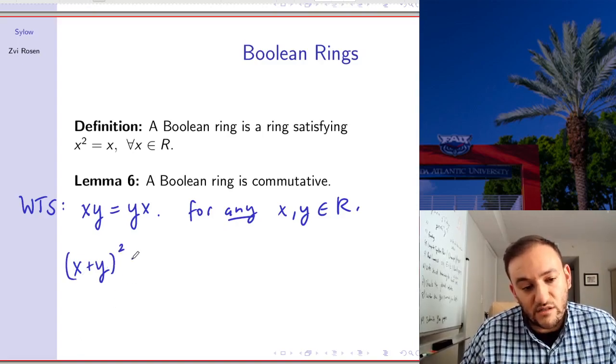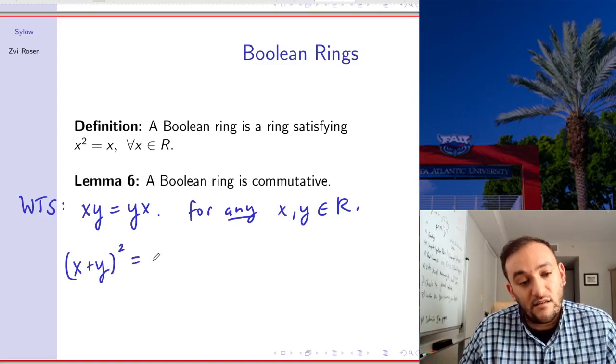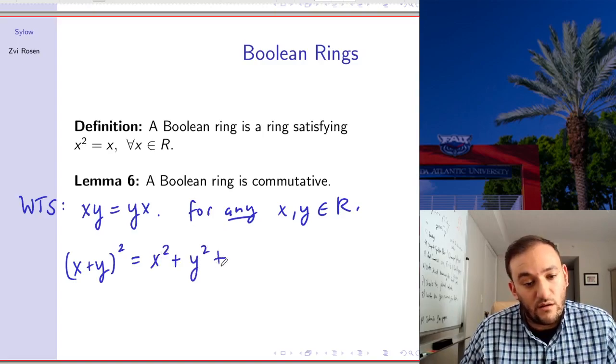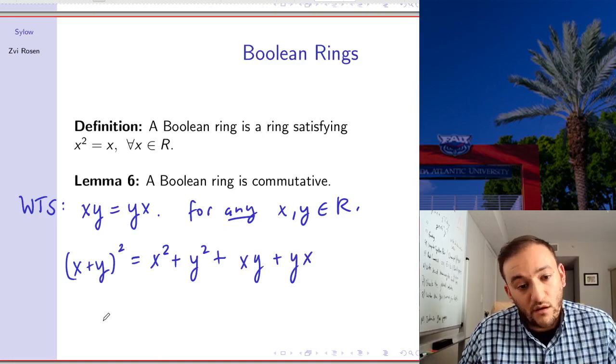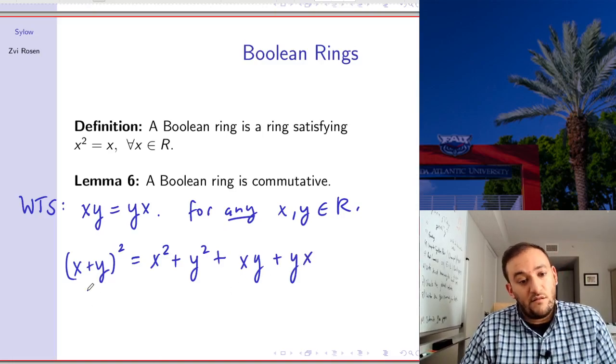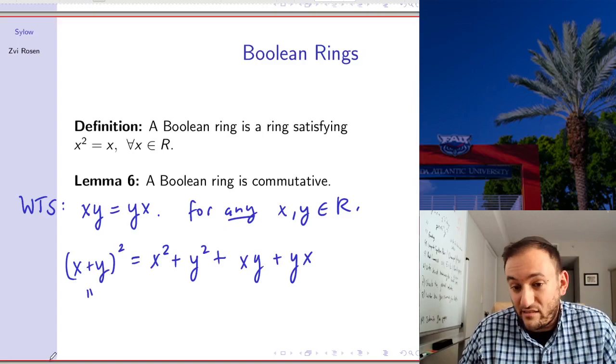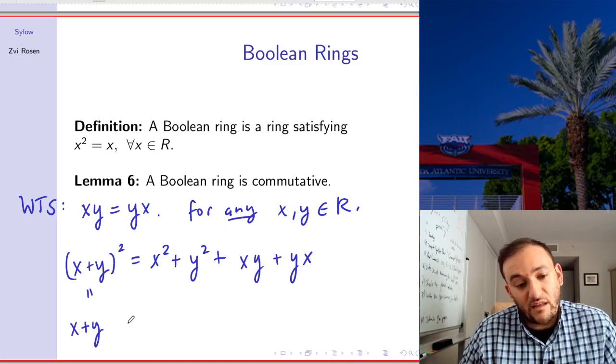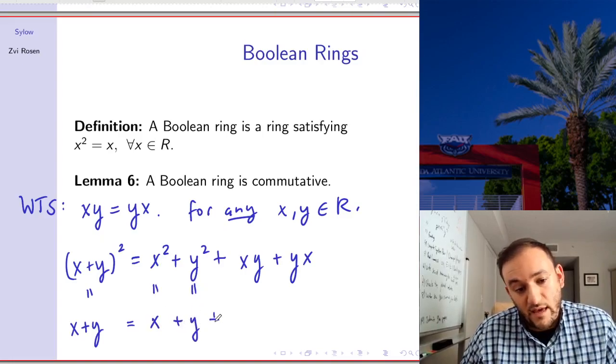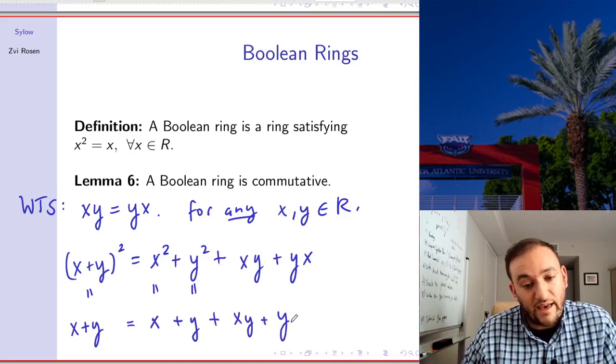On the last slide we saw that this is equal to x squared plus y squared plus xy plus yx. On the other hand, in a Boolean ring, whatever you square, you get back the element itself. So we should just get x plus y. By the same token, this is equal to x, because x squared is x, and this is equal to y. And we have xy plus yx.